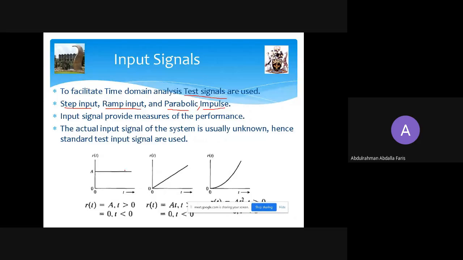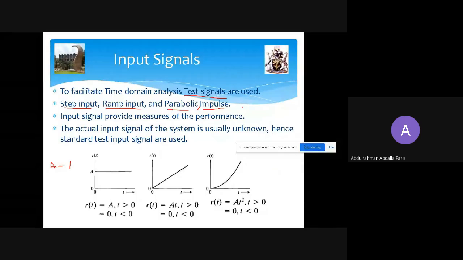So you can see this is the step input. When A is equal to 1, then we say we have a unit step input. Same thing with a ramp: when A is equal to 1, we have a unit ramp input, a parabolic, and an impulse.